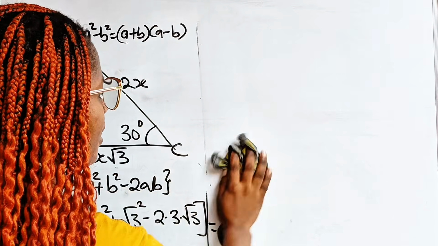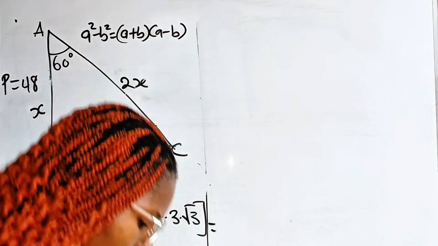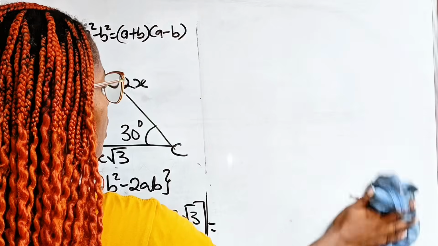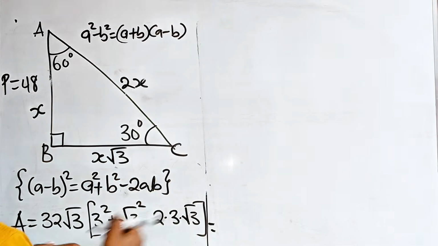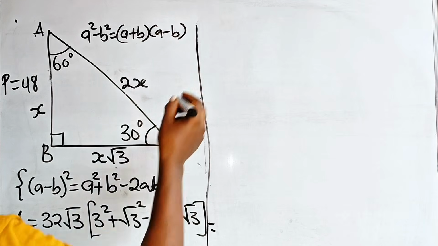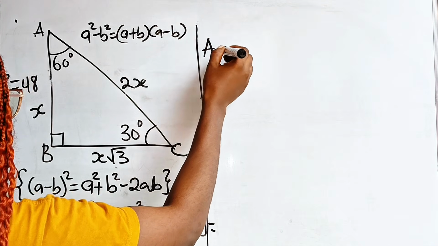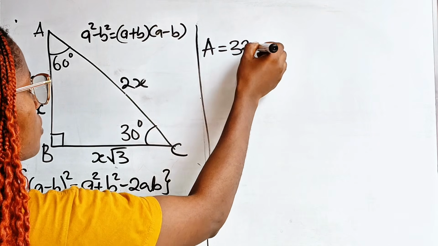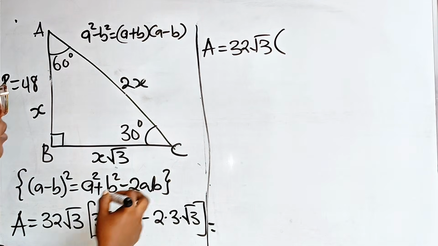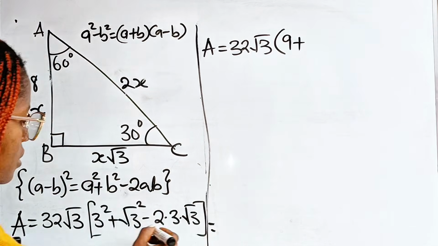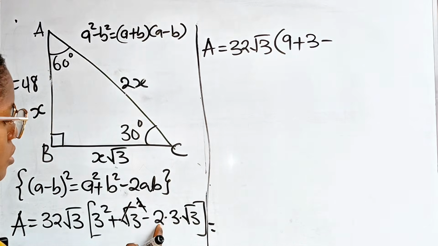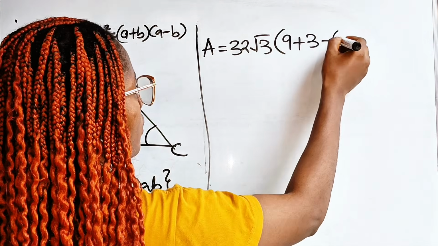All right. So moving forward now, we are going to simplify this further. And when we do that, this is what we will have. So A, which is the area, is equal to 32 root 3 bracket 3 squared is 9 plus root 3 squared is 3 minus 2 times 3 is 6 root 3.